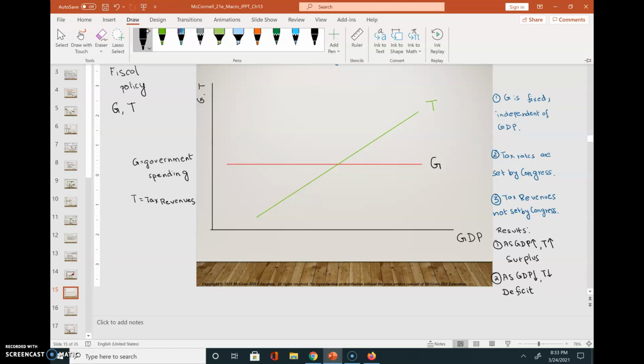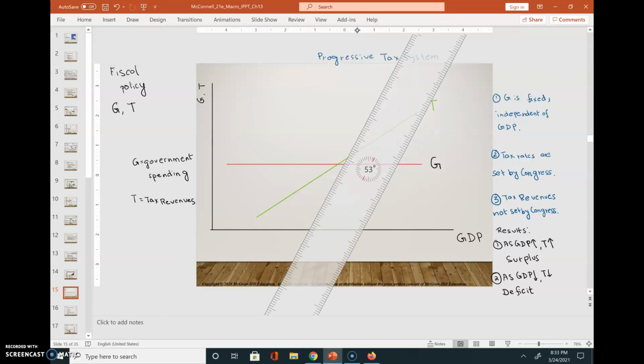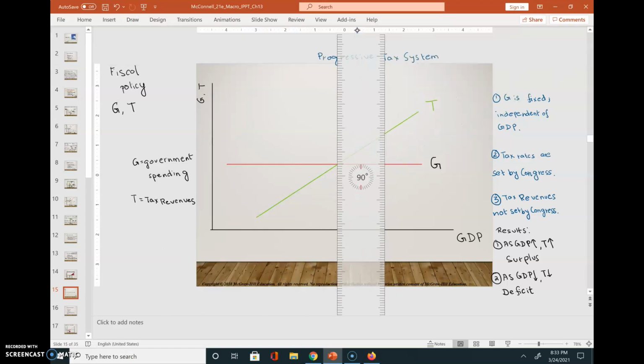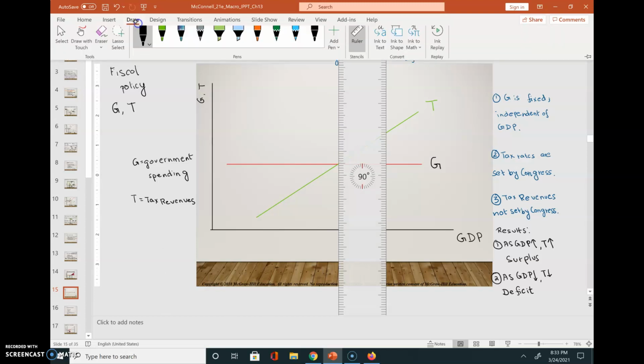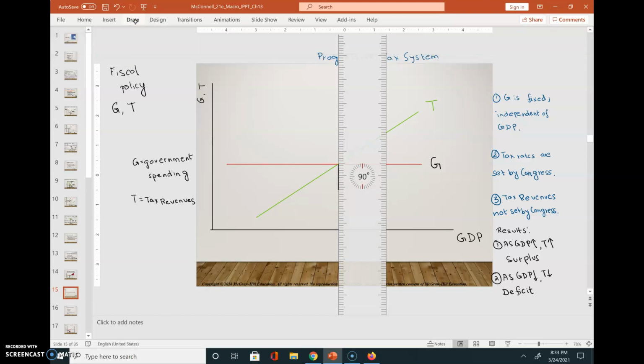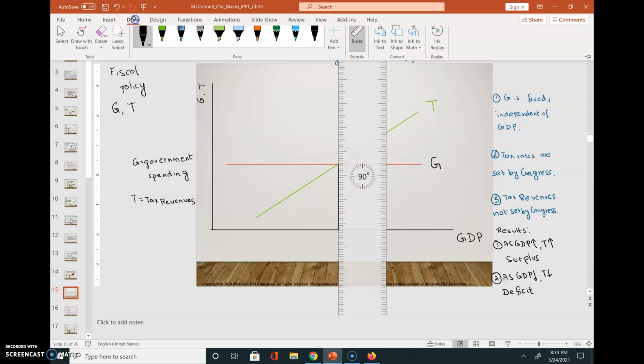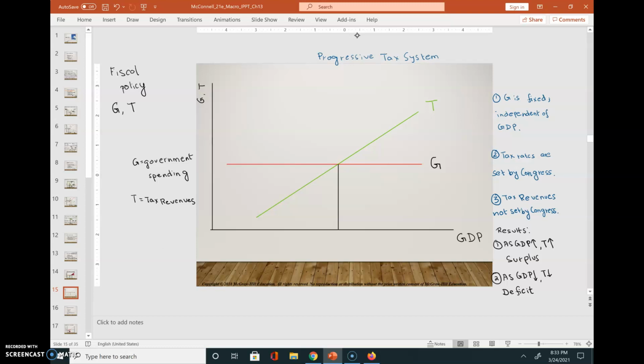So let me show you something else here. At this point, let's say we have some gross domestic product. So I can write this as GDP1.